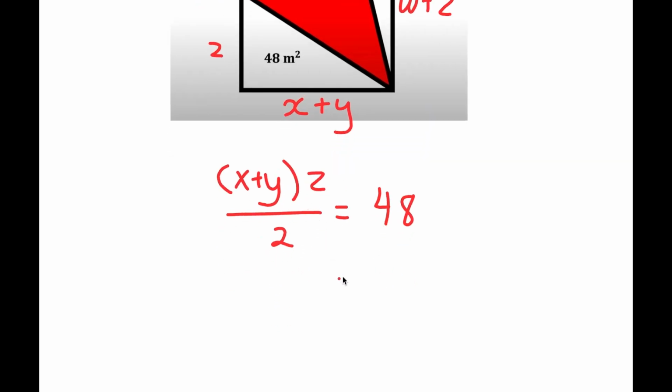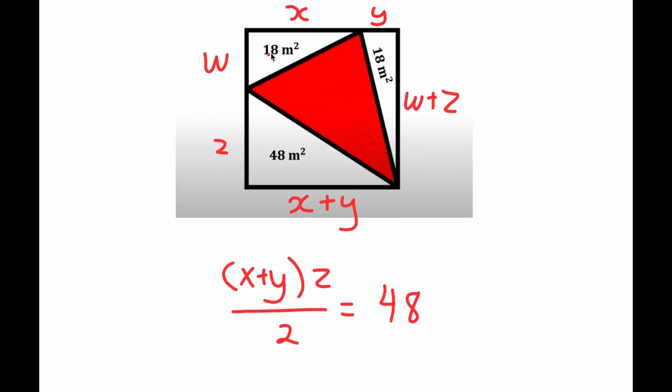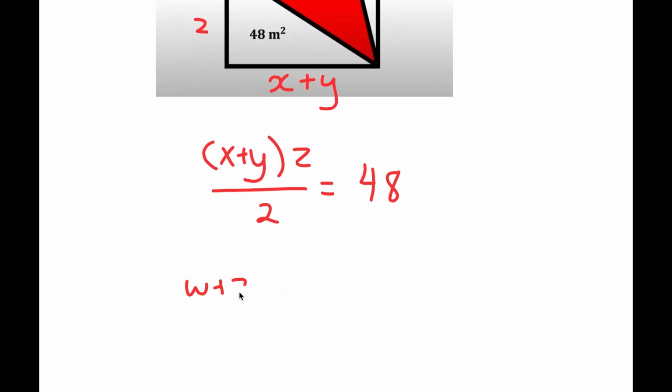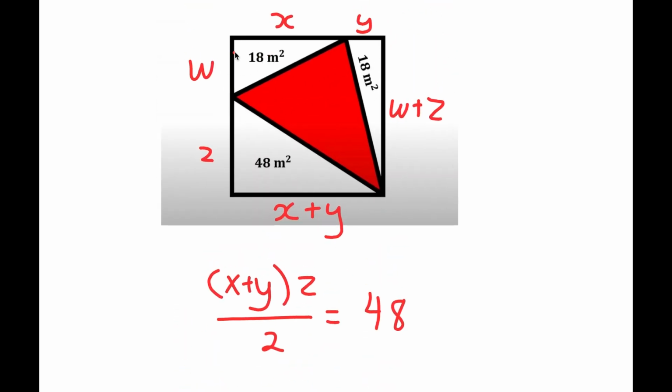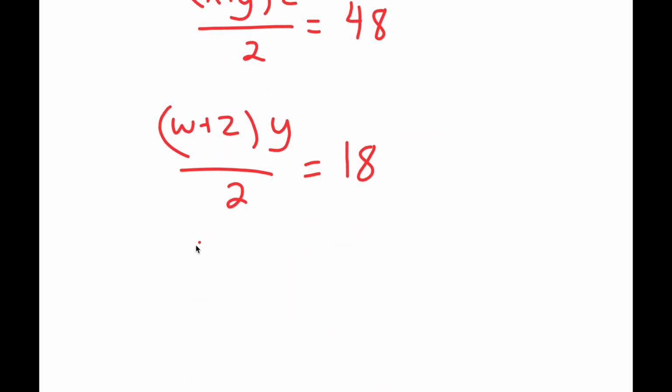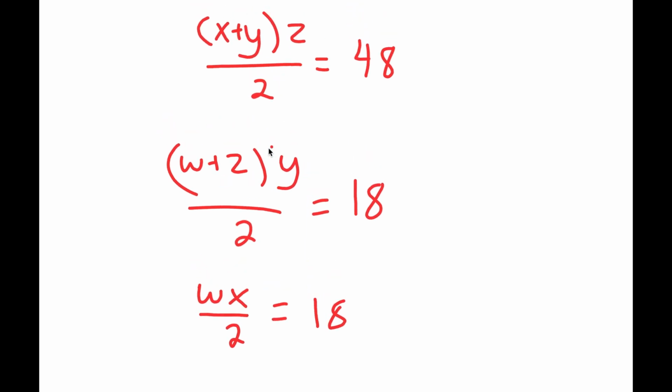Because 18 is the area of this triangle right here, we can say that w plus z times y over 2 is equal to 18. And finally, this is also equal to 18, so w times x over 2 is equal to 18. So we have three equations right here.